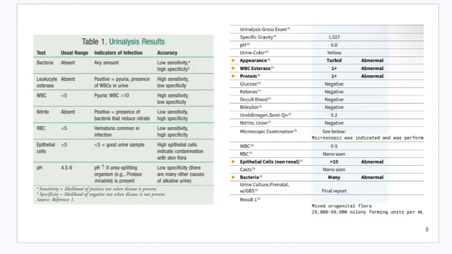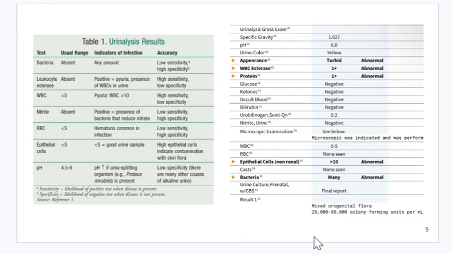Anytime I see a high epithelial cell count and mixed flora, to me that just means the individual did not properly wipe with those cleansing pads, or we as healthcare workers did not get a clean catch from that Foley. It was maybe not a sterile technique. So just kind of keep that in mind.